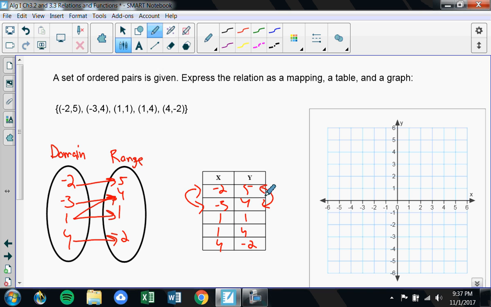Like I can do -2, 5, -3, 4, 1, 1, 1, 4, and 4, -2. So the first number is your x value, the second number is your y value. So this means go to 4 on the x-axis, go to -2 on the y-axis, and that puts you here. 4, -2. I drew that arrow in a very poor spot.